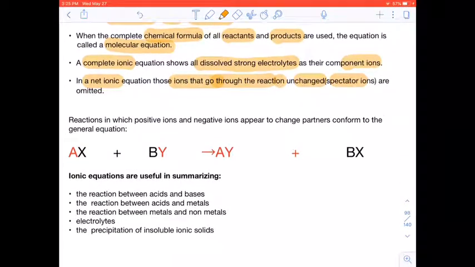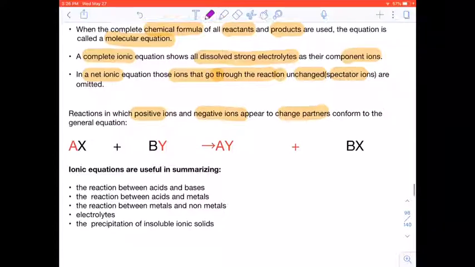Here we have a reaction in which positive ions and negative ions appear to change partners, and they conform to the general equation here. So let's just have a look at that.